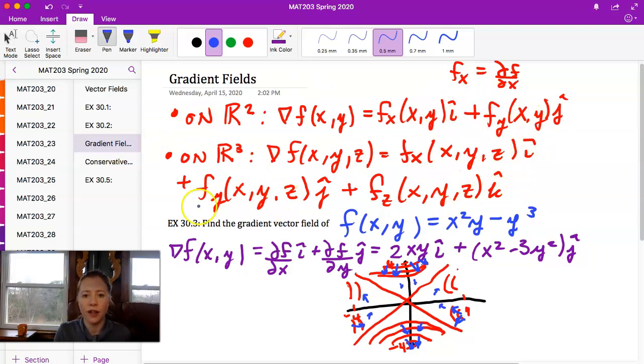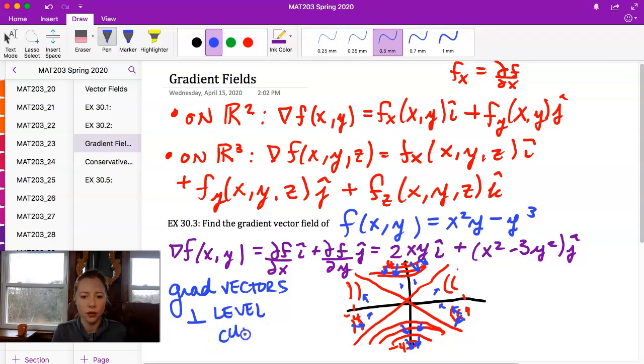So these gradient vectors are perpendicular to the level curves. And the arrows point in the direction of ascent.